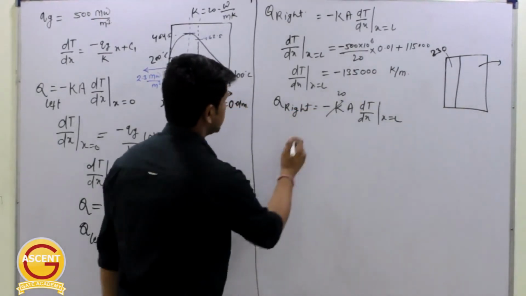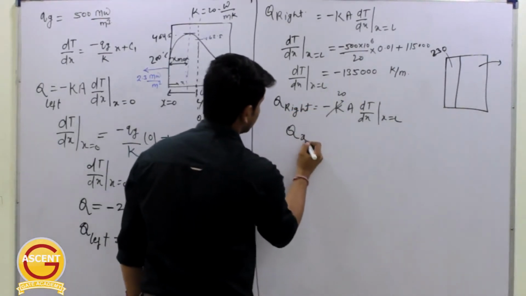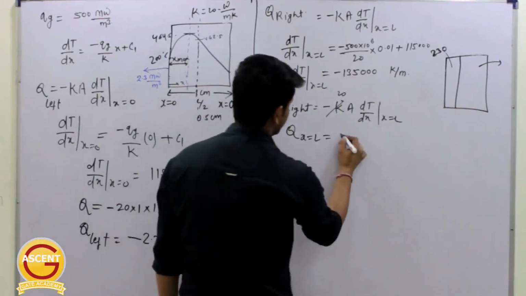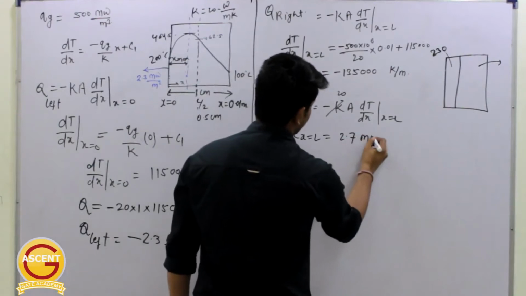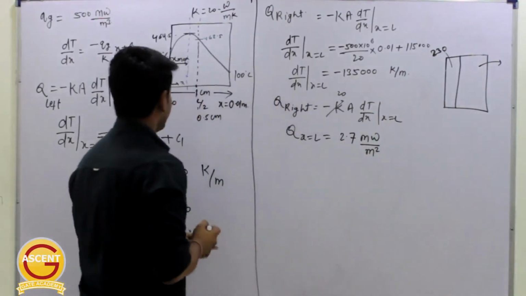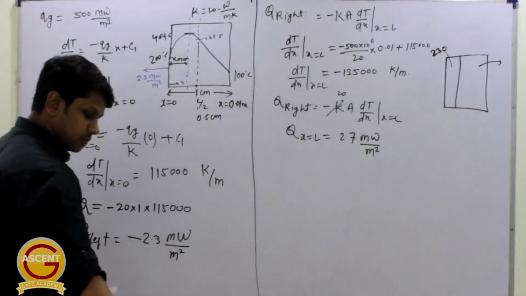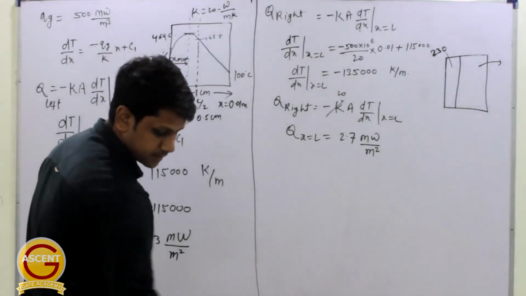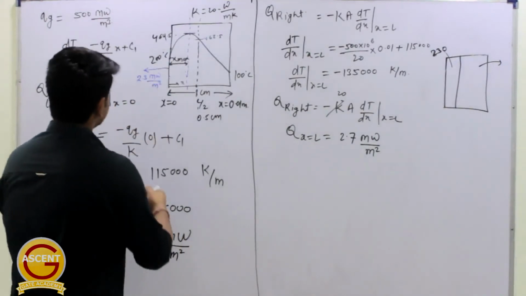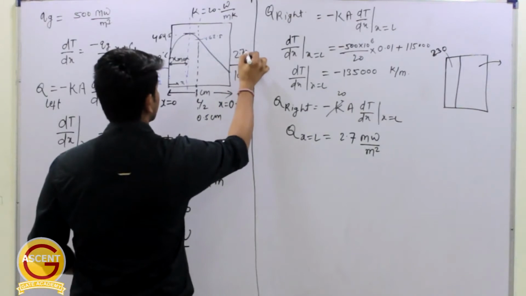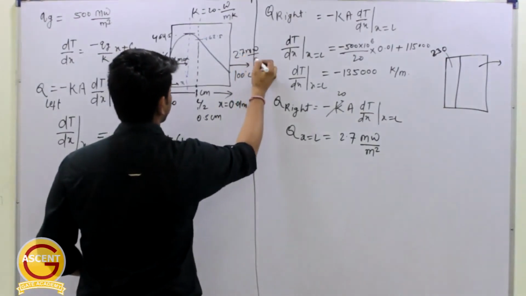So you will get this Q from the right phase, or from x equal to L, and it is equal to 2.7 megawatt per meter square, right? So from this right phase, this much amount of heat is getting rejected. So it is 2.7 megawatt per meter square.